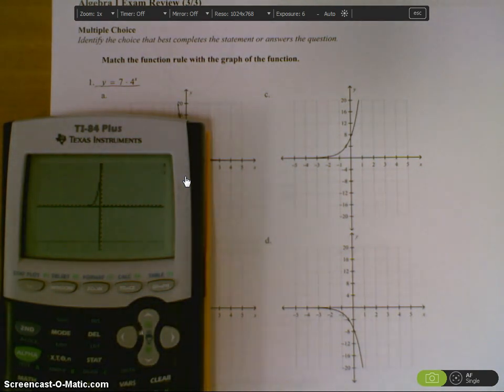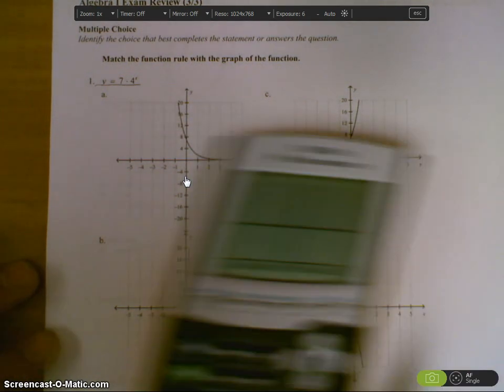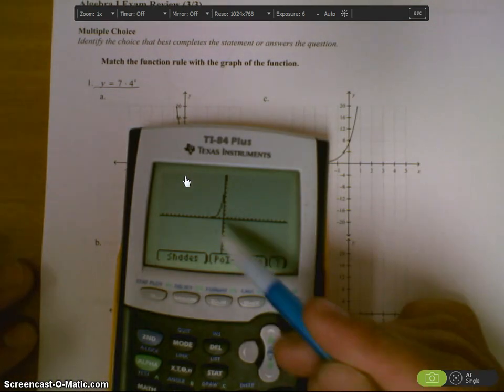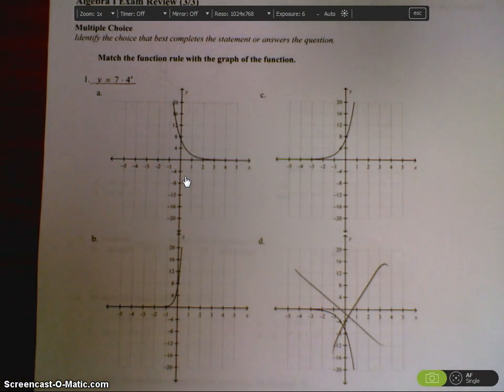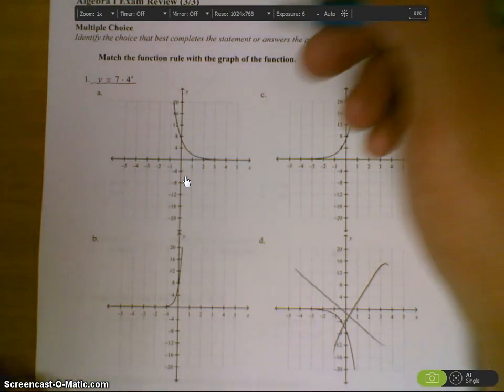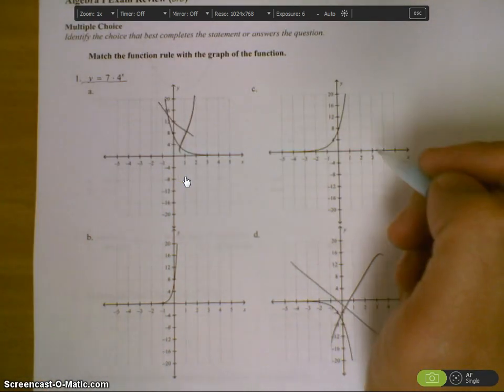It doesn't give us a great picture, but with just this, I can eliminate D. D is not the answer, and neither is A. So we're looking for an upward sloping graph.